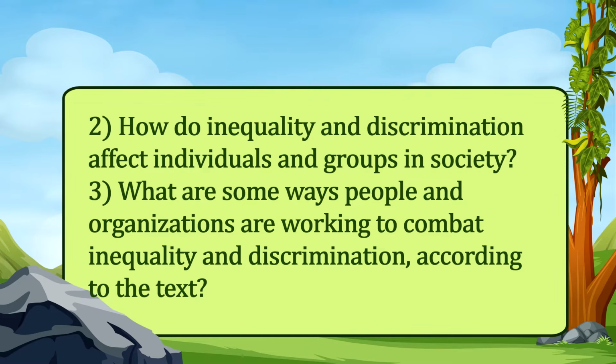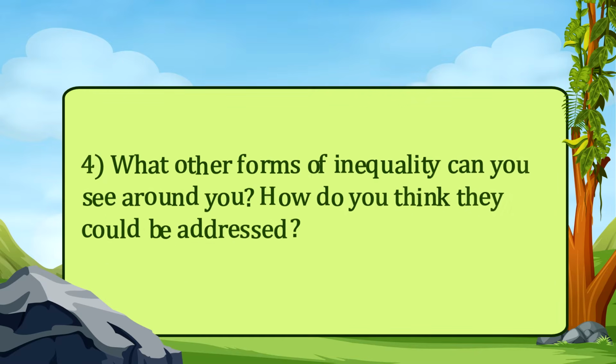How do inequality and discrimination affect individuals and groups in society? 3. What are some ways people and organizations are working to combat inequality and discrimination according to the text? 4. What other forms of inequality can you see around you? How do you think they could be addressed?